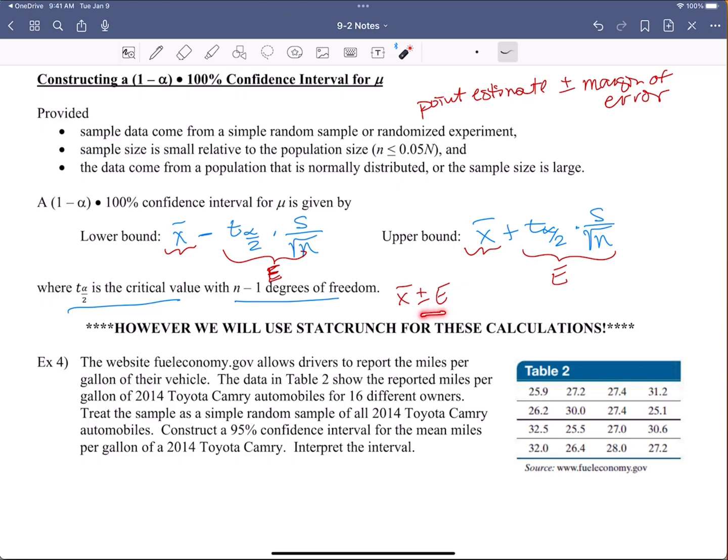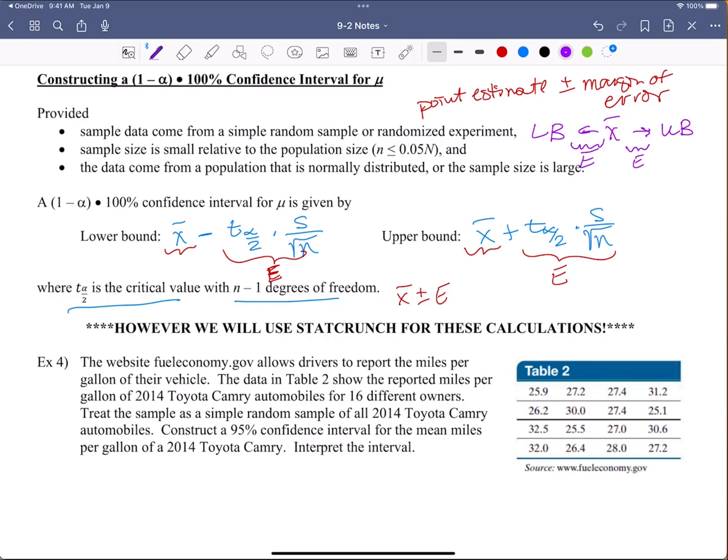That margin of error, plus or minus that E. So if I'm looking at this, then this tells me that I have X bar, and then I have E to get to the upper bound. I have the same amount of E to get to that lower bound, right? That's what we're talking about. Point estimate in the middle. There's that cushion, so I can determine how confident I am in order to pull that off.